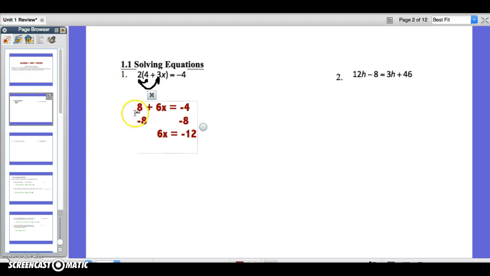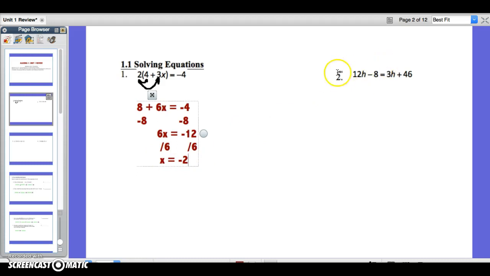And then I can see in this term right here that that 6 and that x are tied together by multiplication. So I'm going to divide by 6 on this side and then also divide by 6 on this side. Once I do that, I'll get my resulting answer of x is equal to -2 because -12 divided by 6 is -2. So that would be my answer for this question.